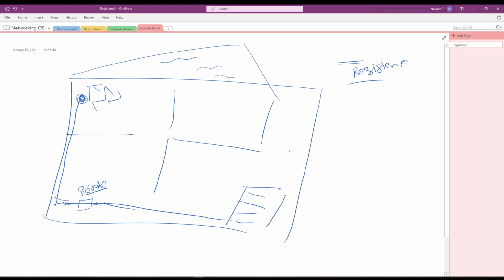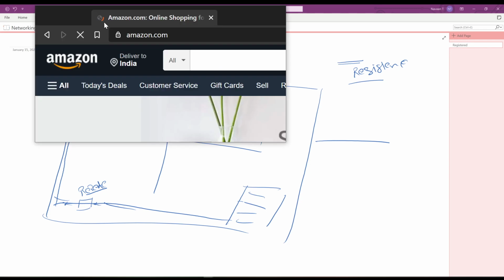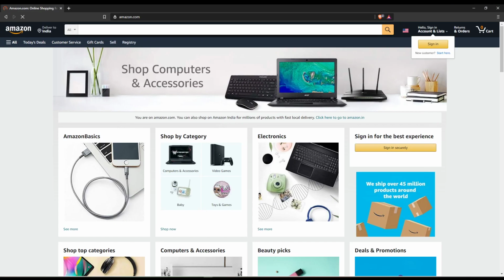There are ratings: if you are using wire, how much distance you should use, and what the ideal distance is. If it is beyond the range, in such cases we use repeaters. A repeater is not just a word limited to a networking device. There are different types of repeaters as well.